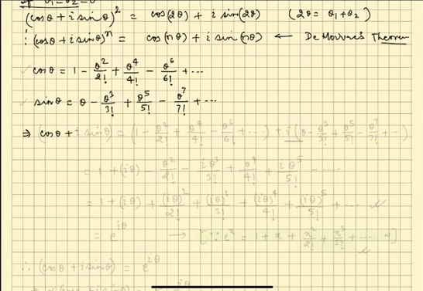Cos theta plus i sine theta means I am taking this very equation and adding to it the second equation after multiplying the second equation by i.